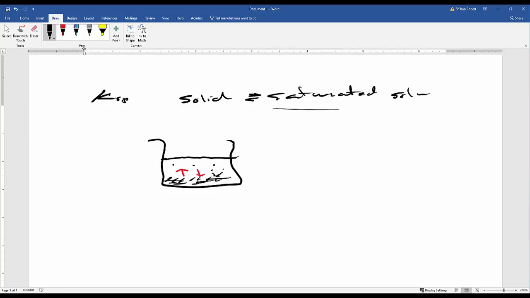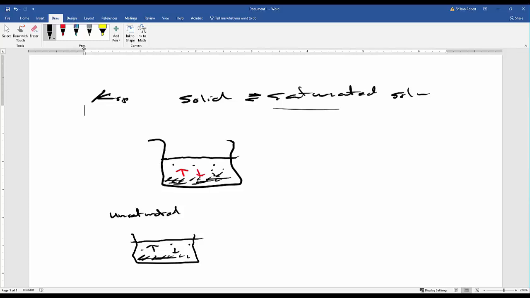If we have an unsaturated solution, then the dissolution rate is going to be greater. I can have some solid here, and the net dissolution rate will be faster than the precipitation rate.